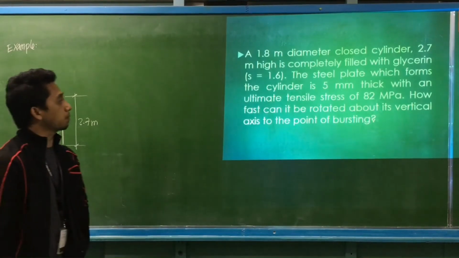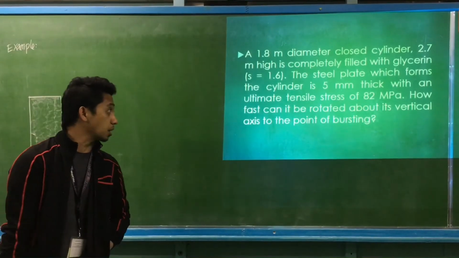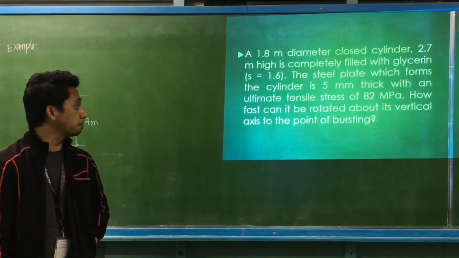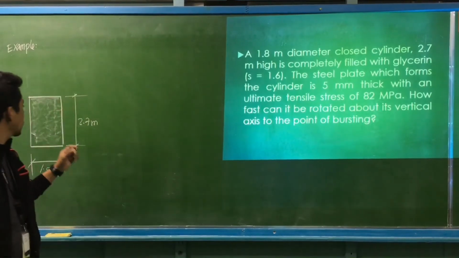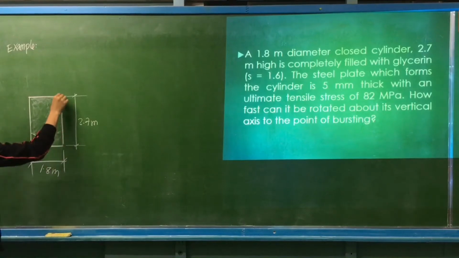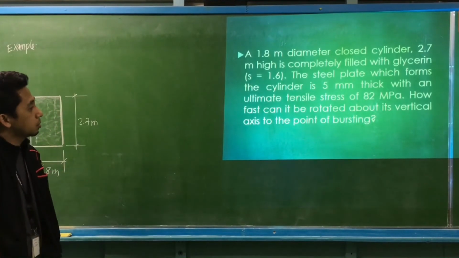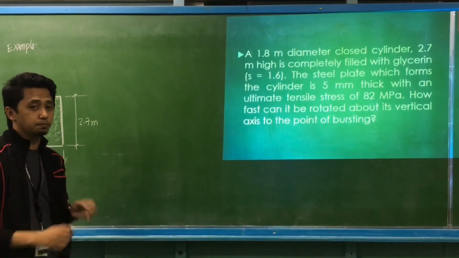The steel plate which forms the cylinder is 5 millimeters thick with an ultimate tensile stress of 82 megapascals. So, given the thickness used for this tank, 5 mm, with a stress capacity of 82 megapascals, how fast can it be rotated about its vertical axis to the point of bursting?